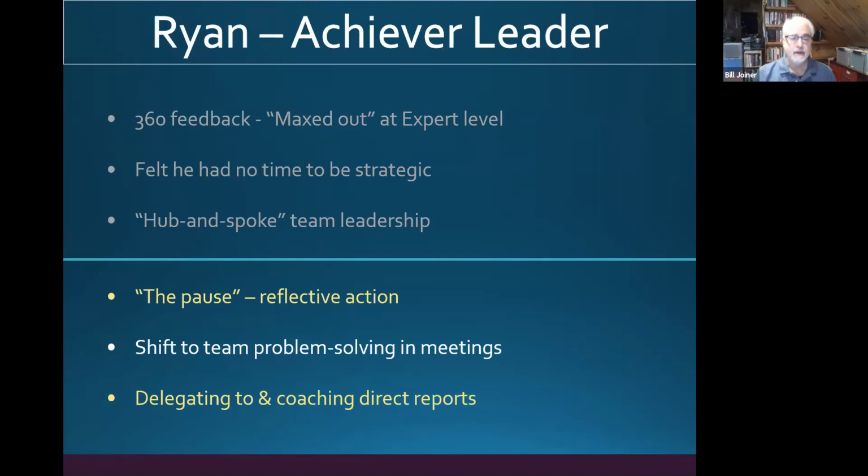So he wound up calling it the pause, what I call reflective action. And I remember asking him one time, tell me about the pause. What goes through your mind? He said, well, okay, the other day I was walking down the hall, I was getting ready to lead this meeting. In typical fashion, I hadn't really prepared much for it. And so I just let myself pause mentally as I was walking down the hall.